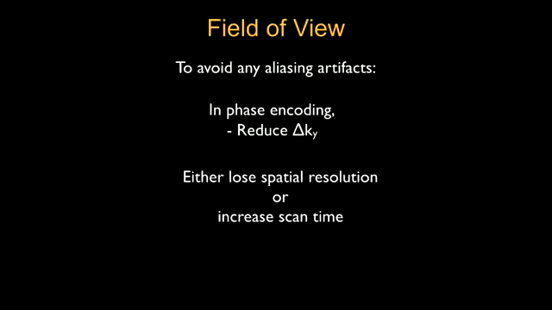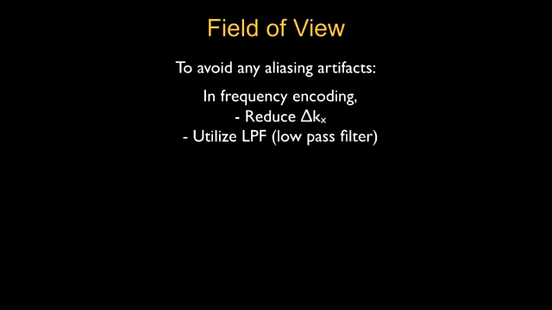The field of view for kx is a little bit different. You have to reduce the delta kx to increase the field of view, but you can also utilize low pass filtering.